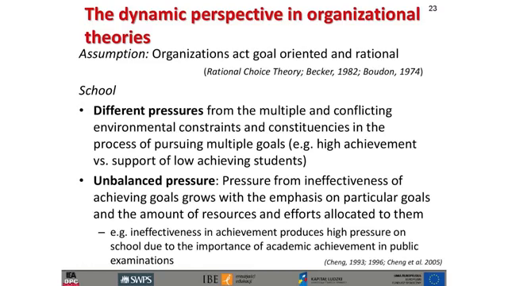And another thing that is very specific to the school as an organization are those unbalanced pressures, namely the pressure from ineffectiveness in achieving particular goals grows with the emphasis on a particular goal and the amount of resources and efforts allocated to them. So for example, when a school is ineffective in achievement, this produces a very high pressure on the school due to the importance of academic achievement in public examinations. So those are the mechanisms underlying or defining the situation of school.